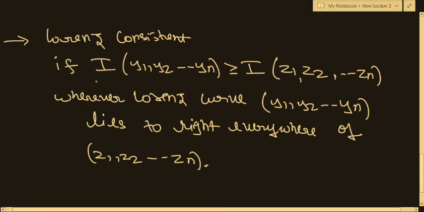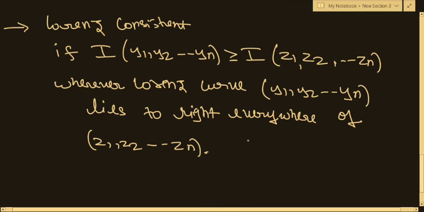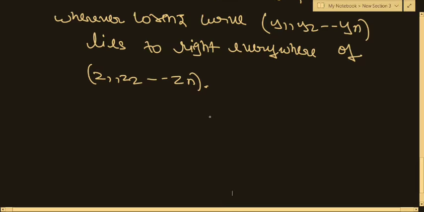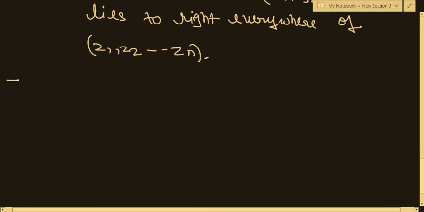So this is what it says: for the inequality index, a higher value indicates greater inequality. So if the inequality index with y1 to yn incomes is greater than or equal to the inequality index of z1 to zn incomes, wherever the Lorenz curve of y1 to yn incomes lies to the right everywhere of z1 to zn. Okay. Now we have another thing here.